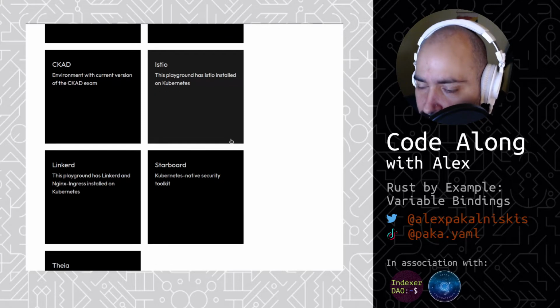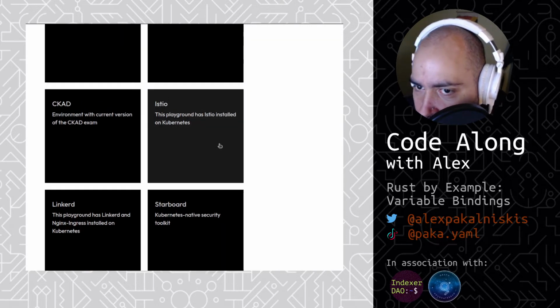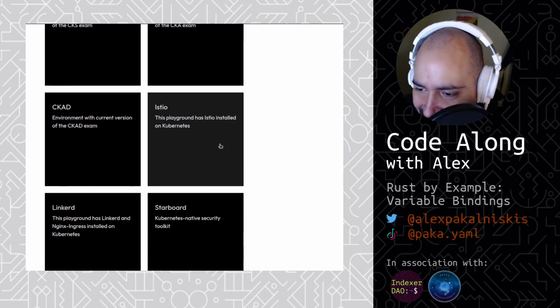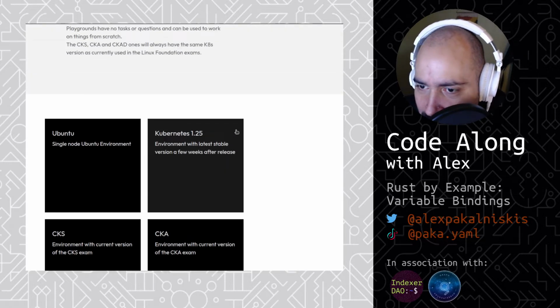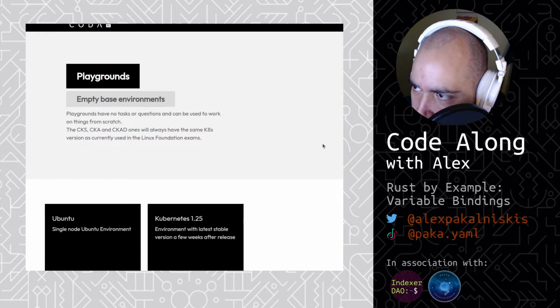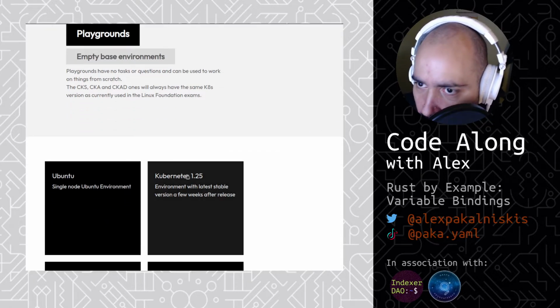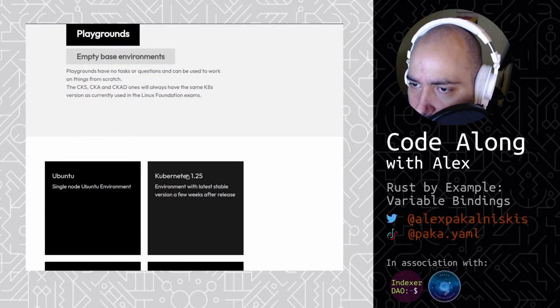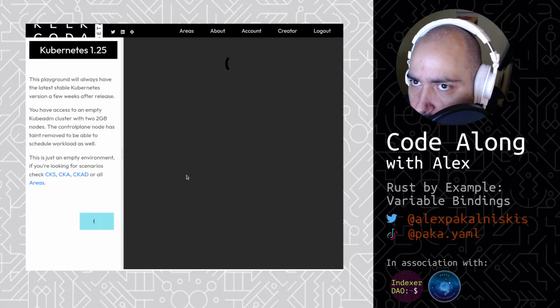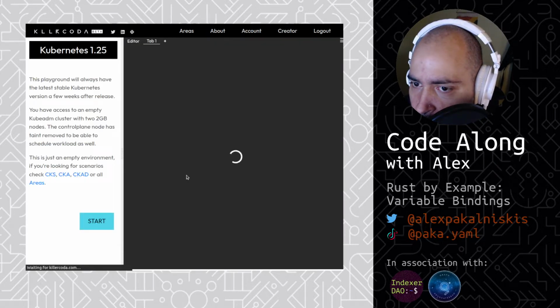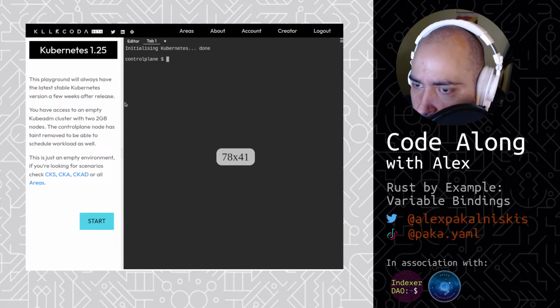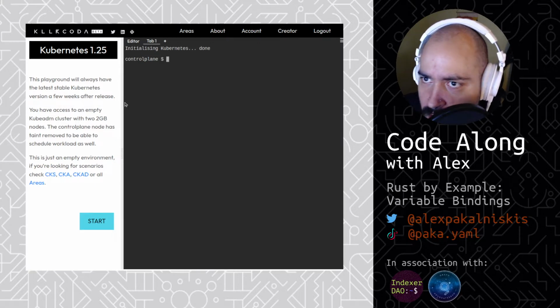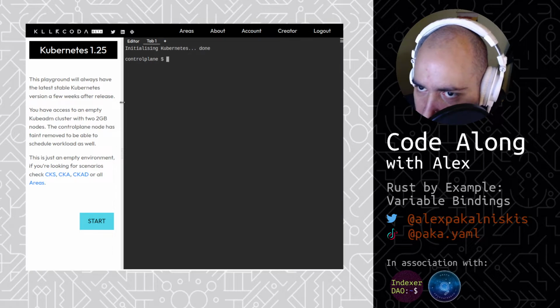They're all Linux, cloud, infrastructure focused, but a lot of Kubernetes stuff. Today we're going to be using the Kubernetes 1.25 playground. And you can see that it's initialized Kubernetes and the control plane is ready to go.